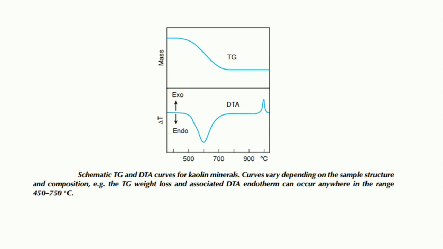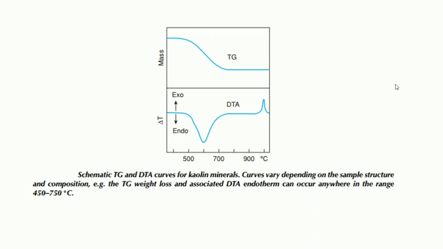This effect signals a decrease in enthalpy of the sample and therefore a change to a more stable structure. The details of the structural changes that occur at this transition have still not been fully resolved.